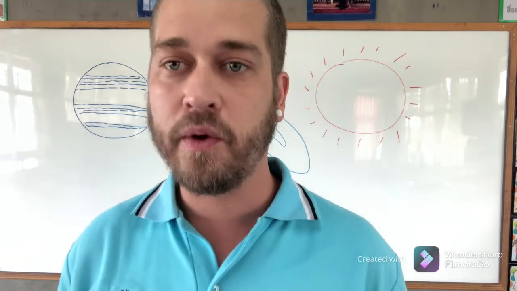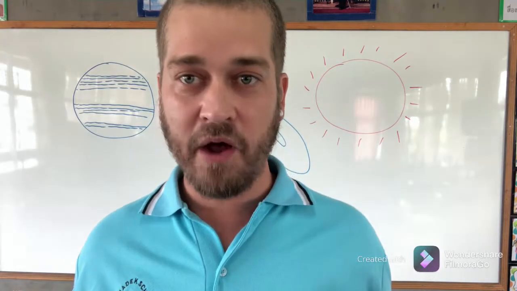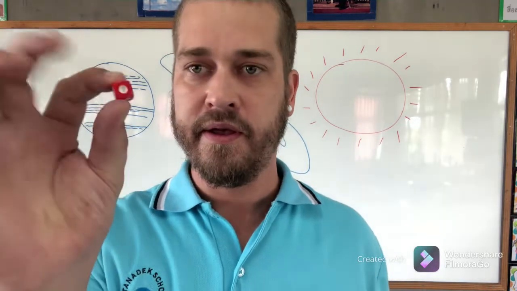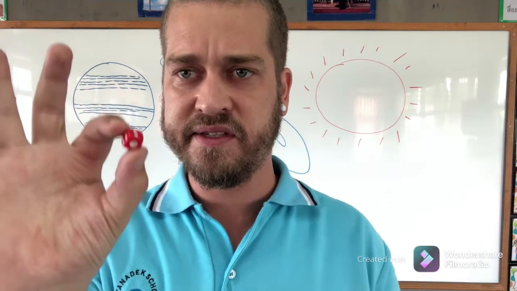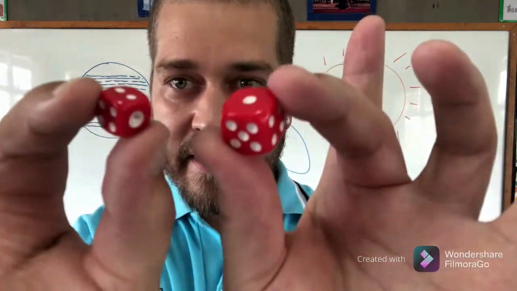Sometimes you can't simply hold something in your hands just to see if it's bigger or smaller than something else, right? Like, what if I said, this dice is smaller than this dice? Well, we can clearly see that one is bigger than the other, so we know that.